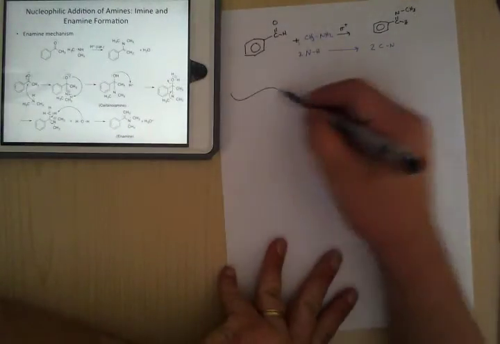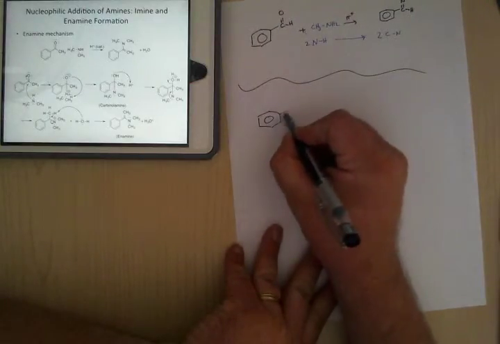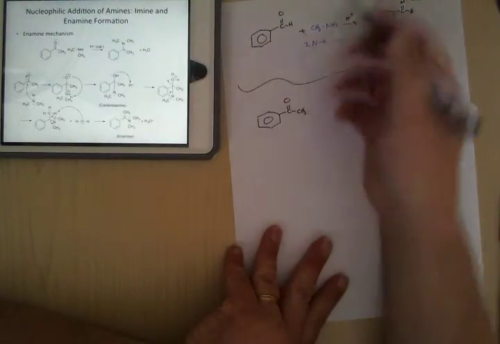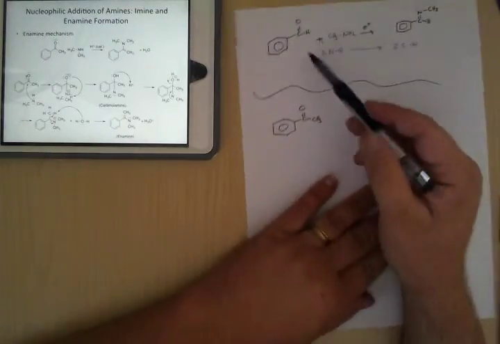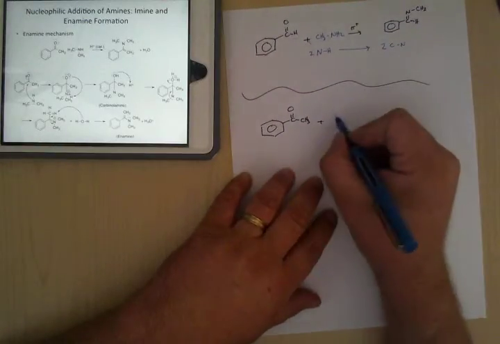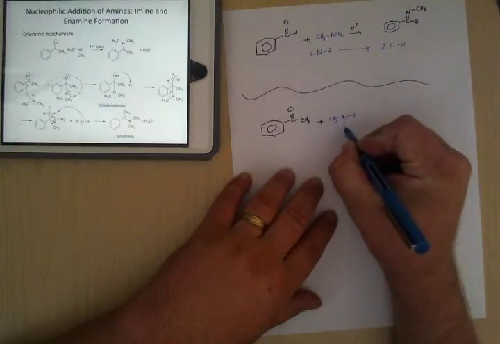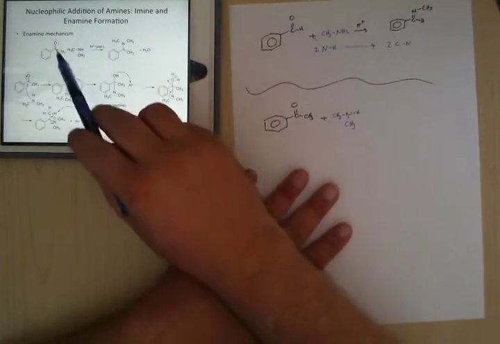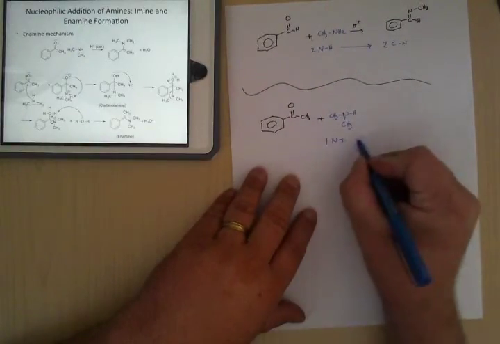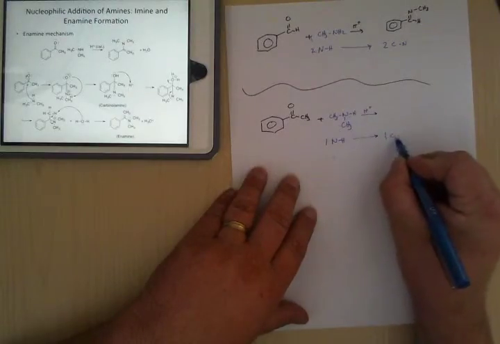With the secondary amines, we're just going to do the acetophenone here. Let's say we have this dimethylamine. So we only have one nitrogen-hydrogen bond, so that means our product can only have one carbon-nitrogen bond.